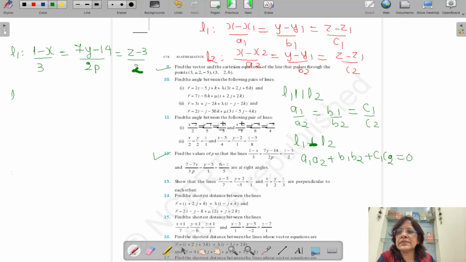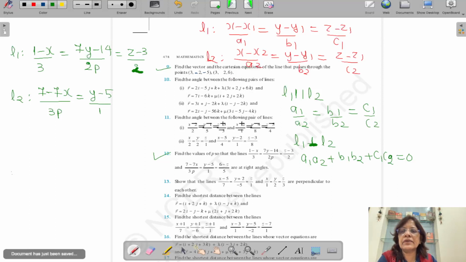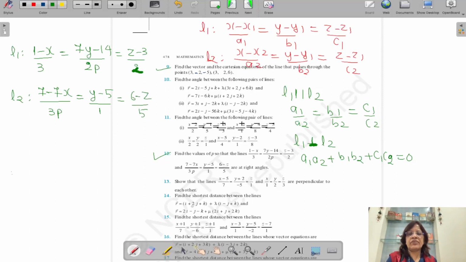And L2 is 7 minus 7x upon 3p, y minus 5 upon 1, 6 minus z upon 5. What is the question? Find the value of p so that these two lines are perpendicular.